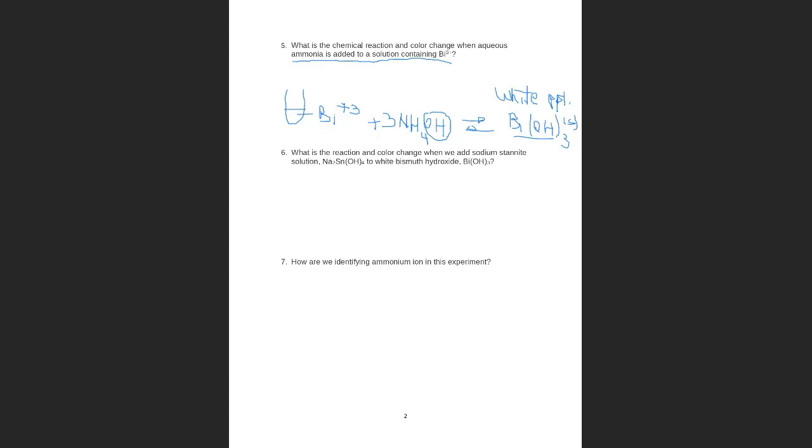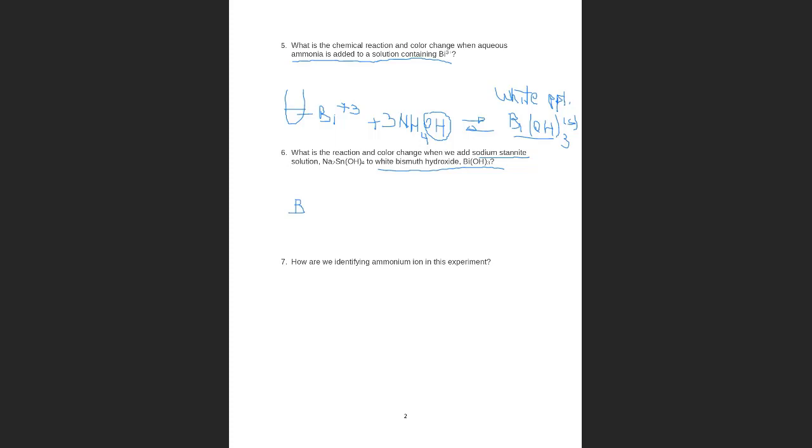And the one that you were talking about is the next one: what is the reaction and color change when you add sodium stannite to the white bismuth hydroxide? Then it is what you mentioned before. Black. Exactly, it's a redox reaction.